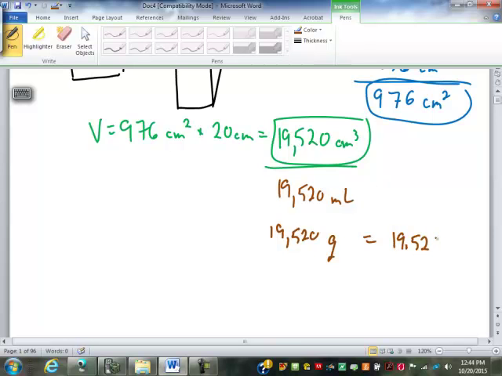I thought because it was centimeters cubed. Or no, never mind. I thought it's... You leave that up there. Yep, I'll leave it up there for a second.